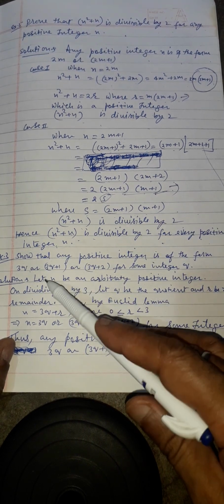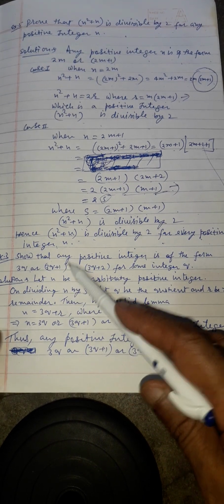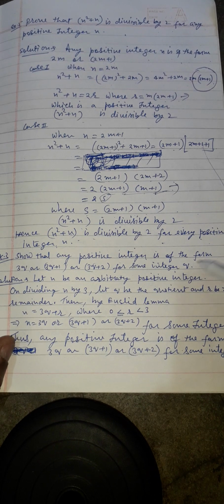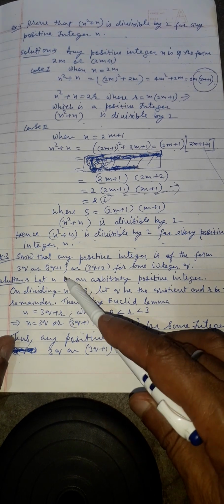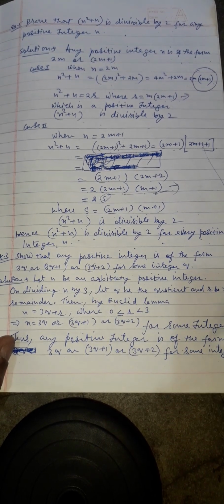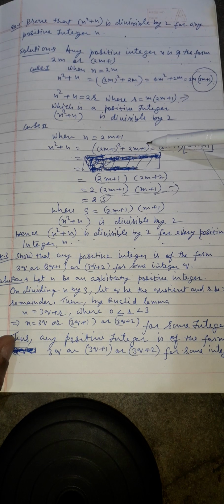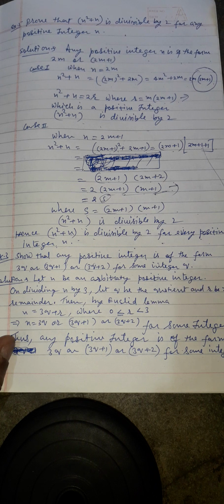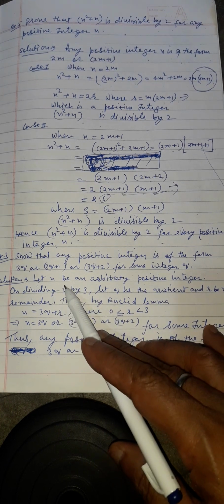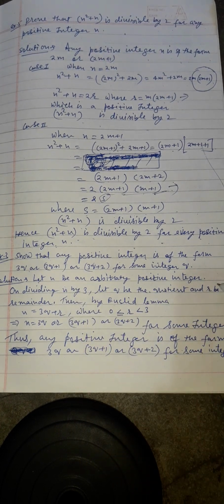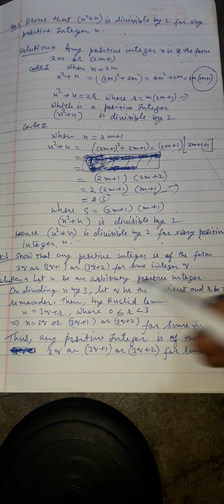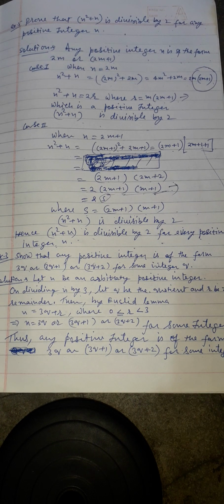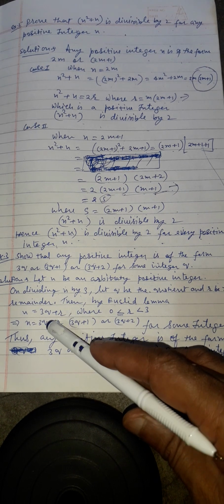Next sum. Show any positive integer is of the form 3q or 3q plus 1 or 3q plus 2 for some integer q. If you go back to these sums, similar things happen. Let n be any arbitrary positive integer. On dividing n by 3, let q be the quotient and r be the remainder.